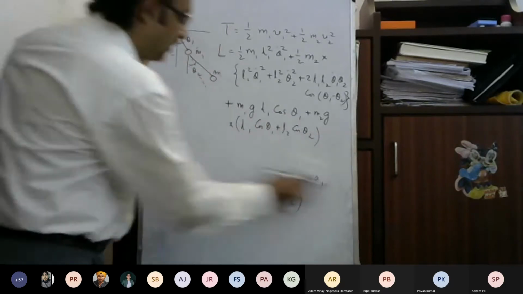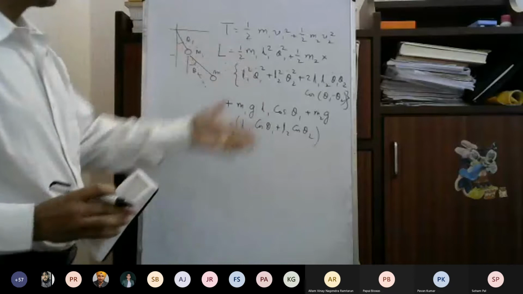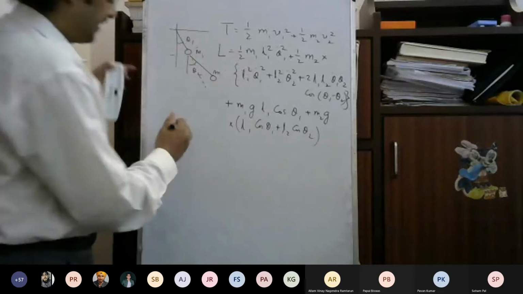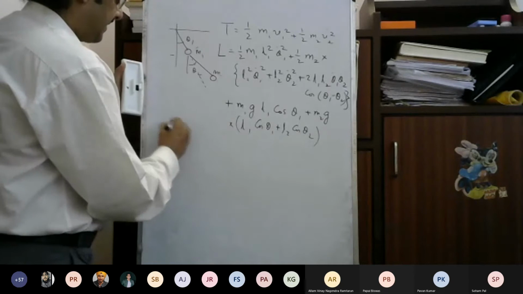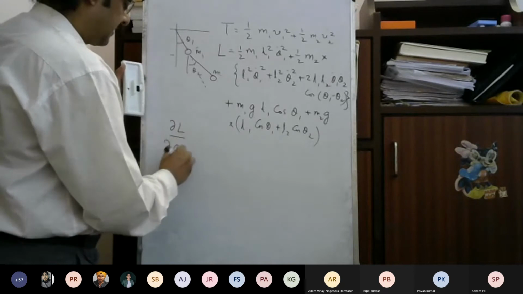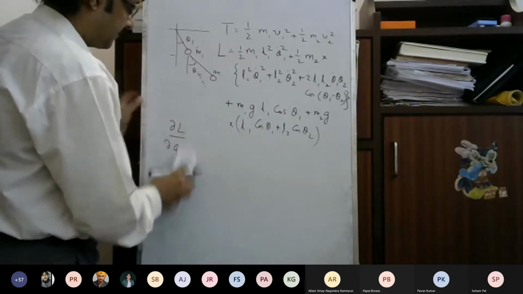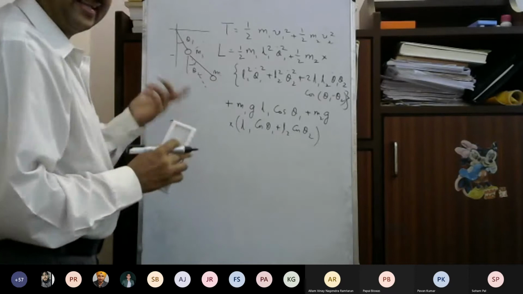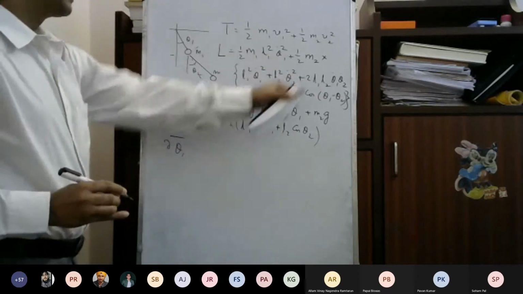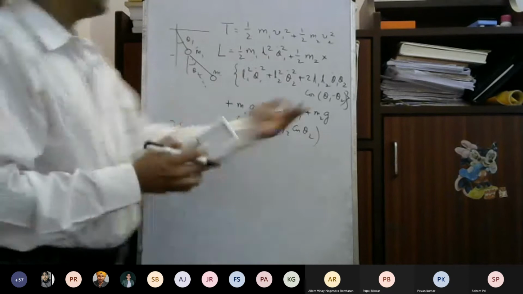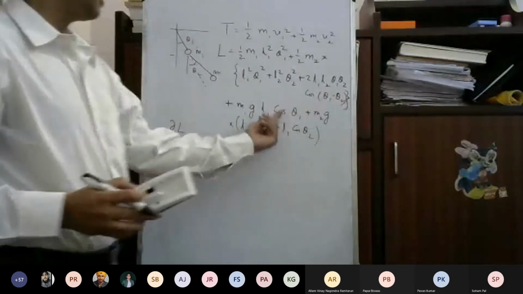Then I'll get two equations. If you write down this Lagrangian, you'll get two equations. First of all, you'll have to take the four derivatives. This is Q1, that means del L del Q1 I need, where Q1 is nothing but theta, so take the partial derivative with respect to theta 1. This term will appear and these two terms will appear.